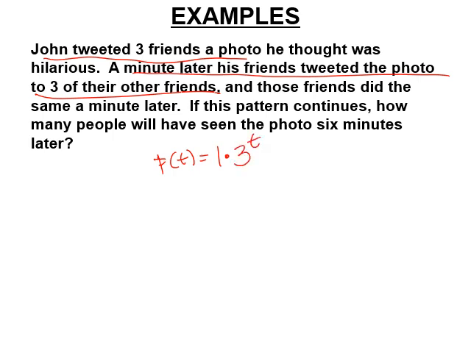The time period here is not an hour, it's a minute. And so we want to know, in 6 minutes later, if everyone's doing that, how many people will see the photo?